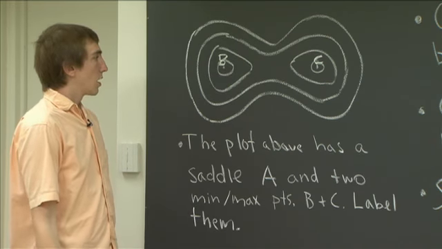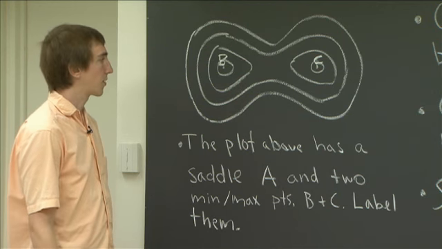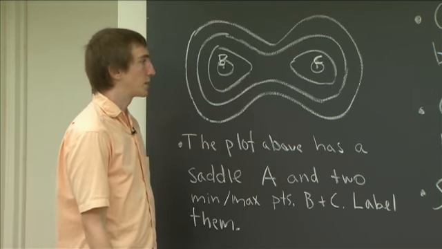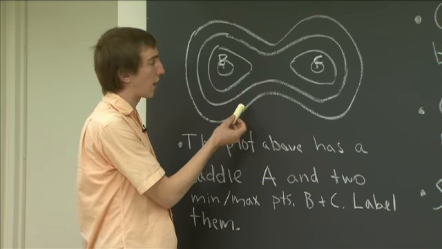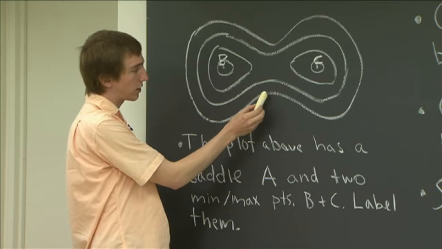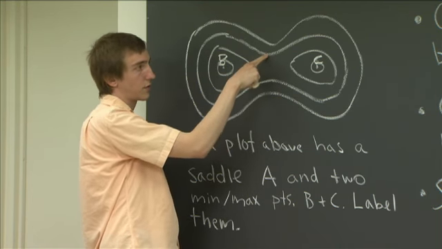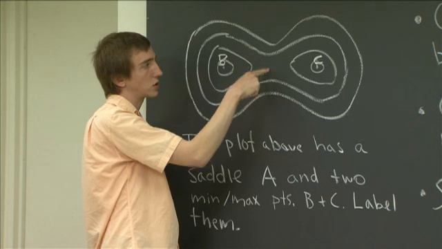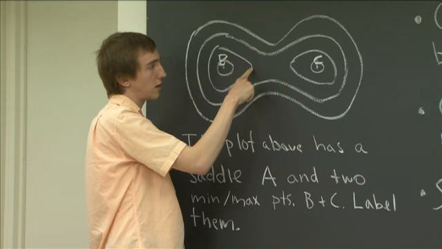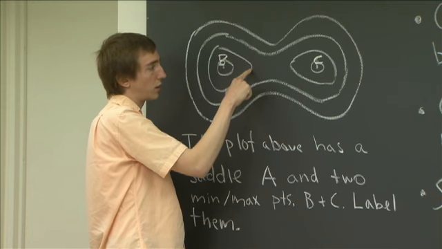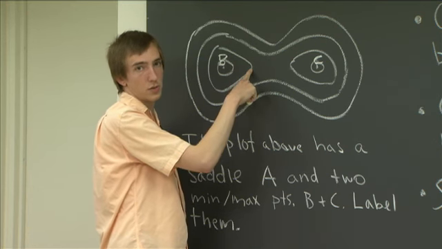Now, we also have a saddle point A in this problem. And it's a little bit hard to see in the contour plot. I think it'll be even clearer when we draw a 3D graph. But basically what's happening is that this contour is, after all, the same as that contour, so the value of the function here and here are the same. And yet, if we look at this point and this point, the values either go up or down. We don't know. Let's assume that they go up.